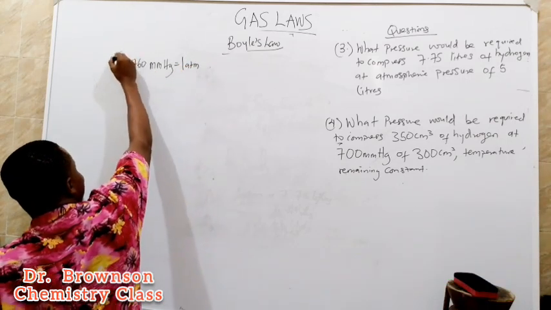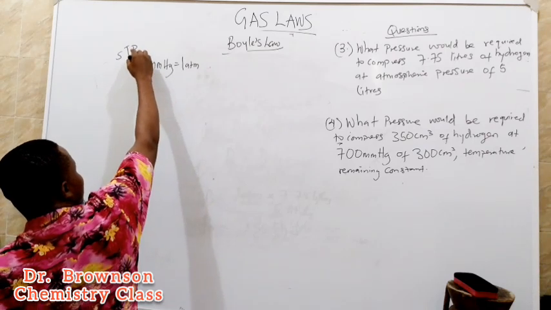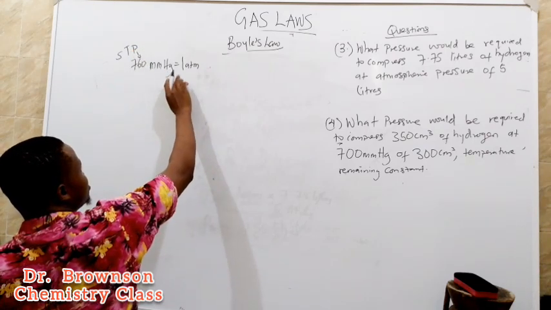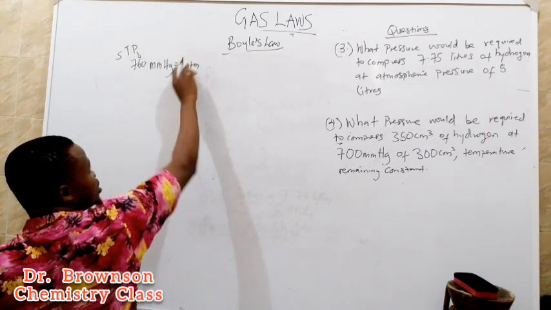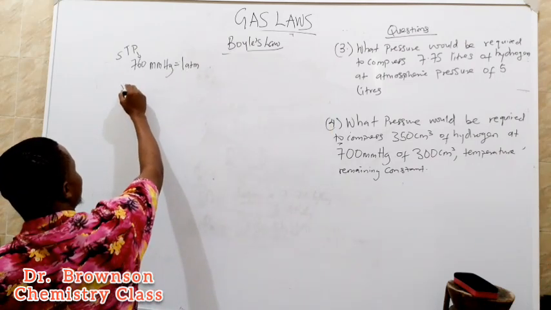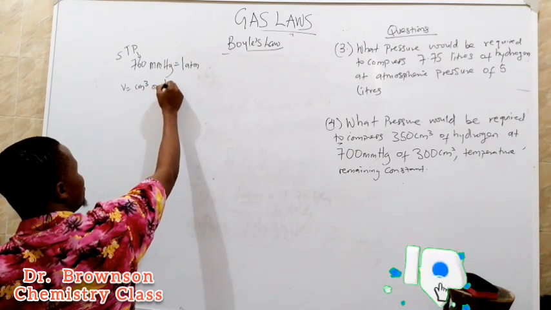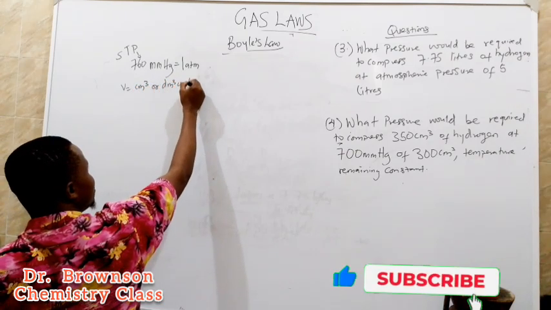So under STP, you have 760 millimeter mercury, the same as 1 atm, and we're going to apply this to this question.